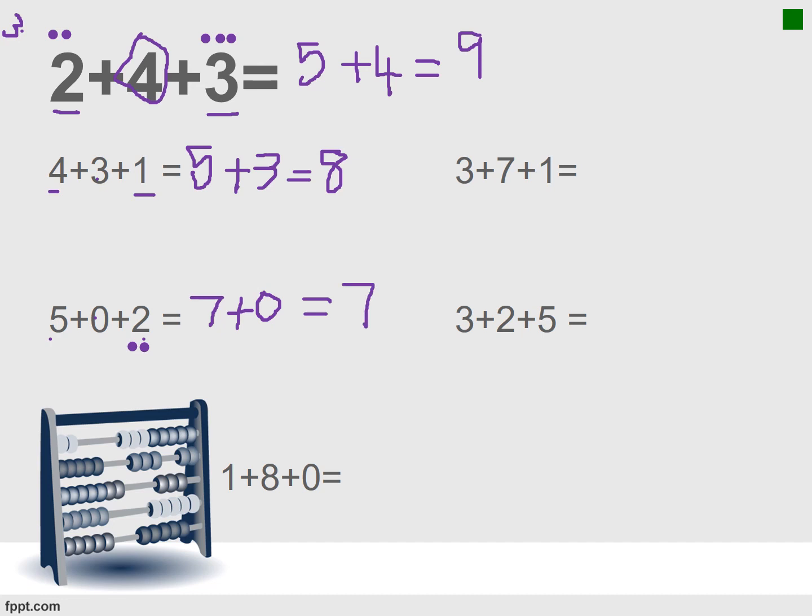The first number here is number 1 and 0. So 1 plus 0 is 1. And we are left with number 8. Let's add that number as well. So 1 plus 8 will be 9.